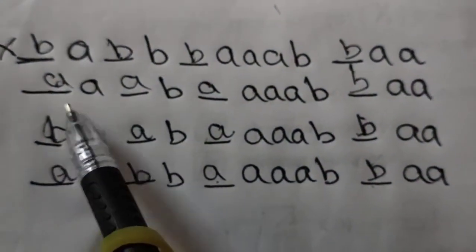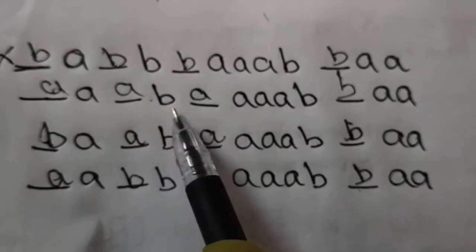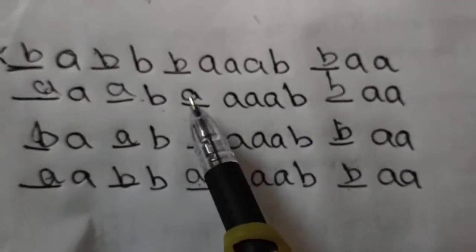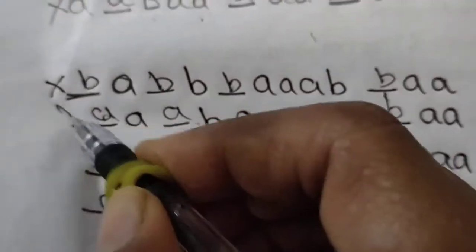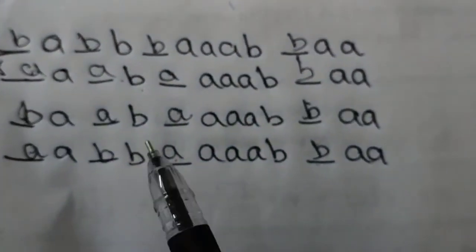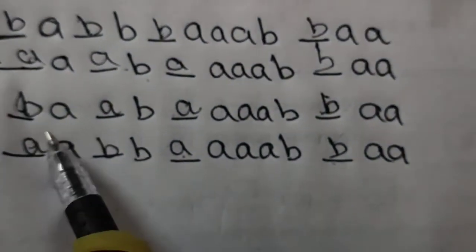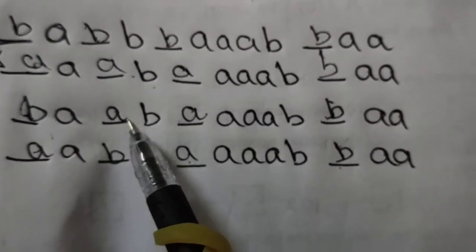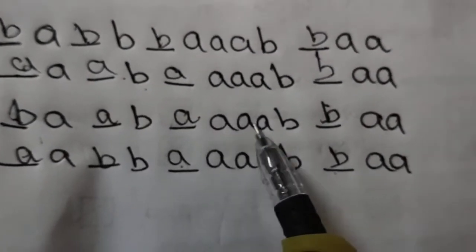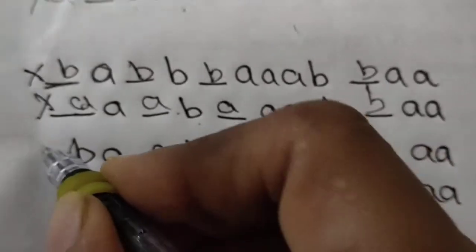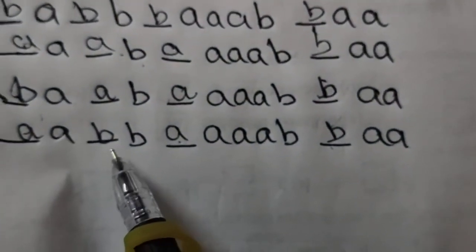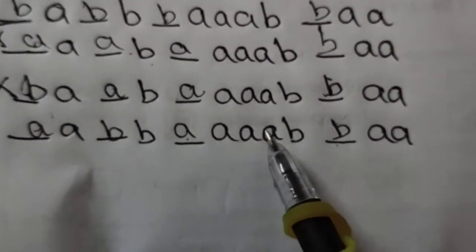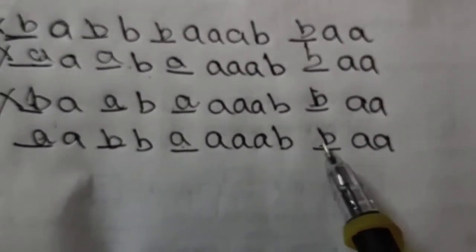Second is 3 times A, then B, then 1, 2, 3, 4 times A, then B. No, this is also wrong. Now here it is BAA. No, this is also not. Now AA, BB, then 1, 2, 3, 4 times A, then 2 times B.